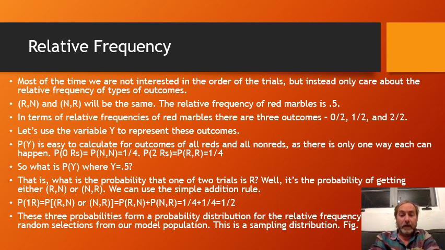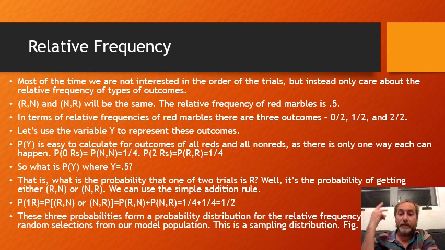And for this, we can use the simple addition rule, because those are exclusive outcomes. So the probability of getting 1 R equals the probability of the sequence Rn or the sequence Nr, which is the sum of the probability of Rn and the probability of Nr, which is 1/4 plus 1/4, or 1/2.